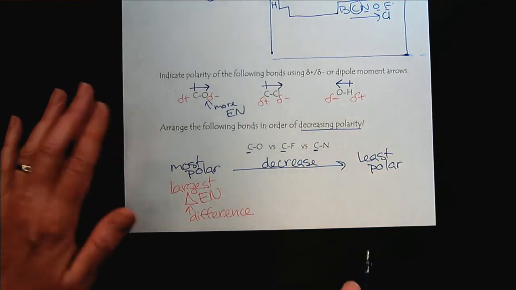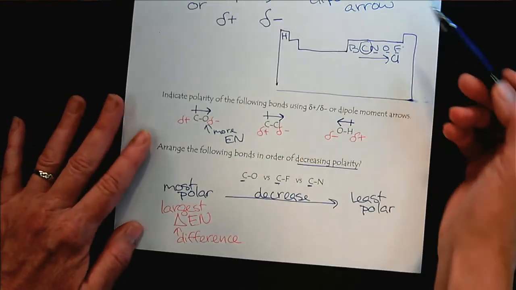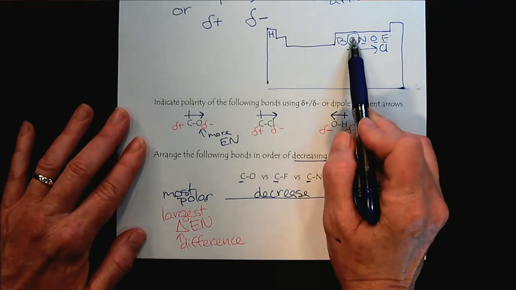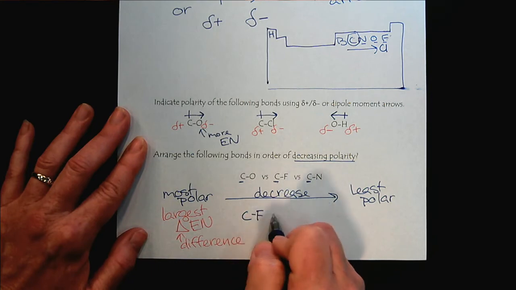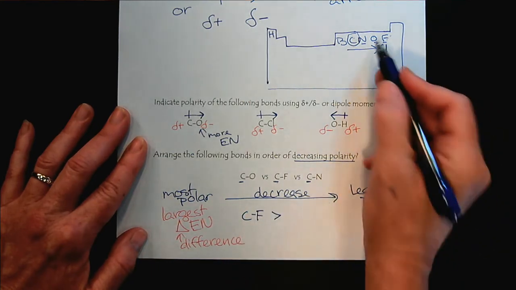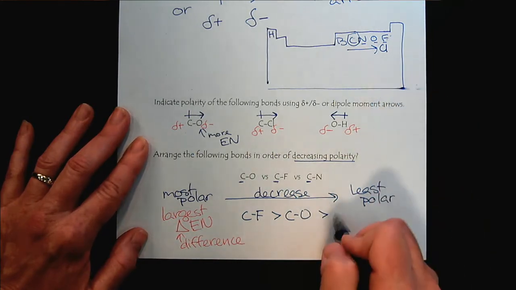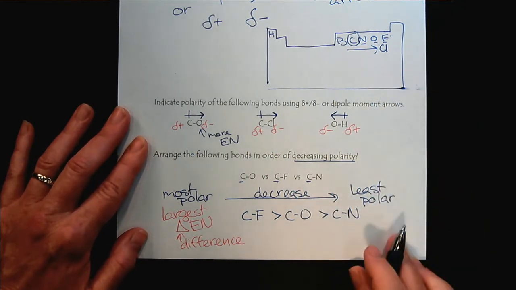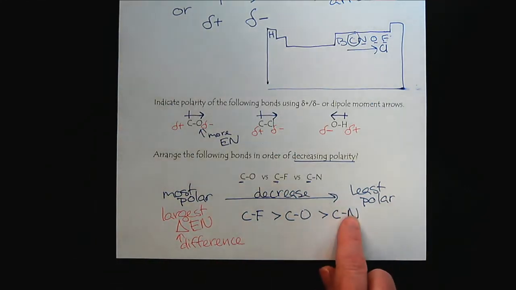Looking at these elements, carbon and fluorine are the farthest apart, so they're going to be the most polar. Then would come the carbon-oxygen bond, and then would come the carbon-nitrogen. So this would be the least polar.